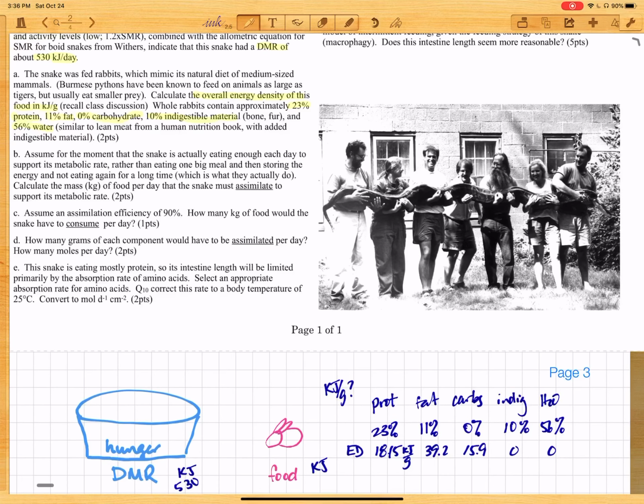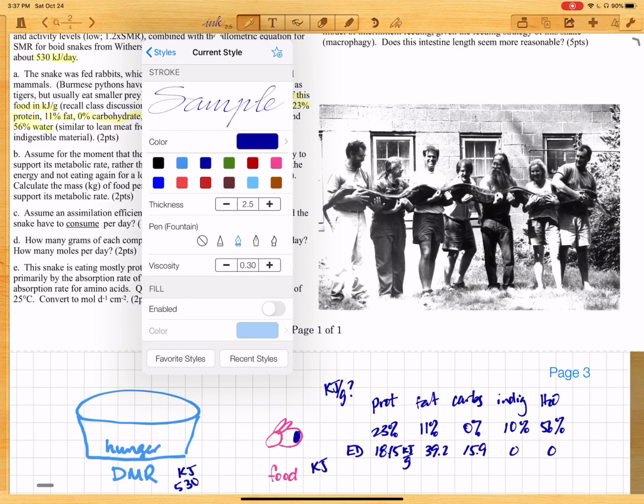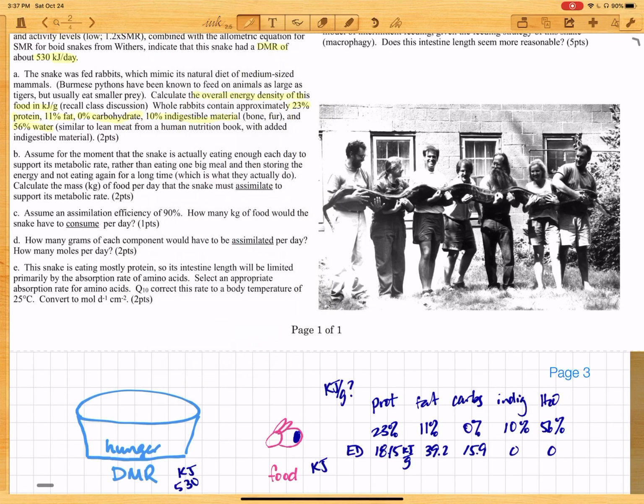Okay, so that is going to mean that 23% of the rabbit is protein, and 11% is going to be fat. And those are the only portions that are going to contribute to the caloric or kilojoule content of the rabbit.